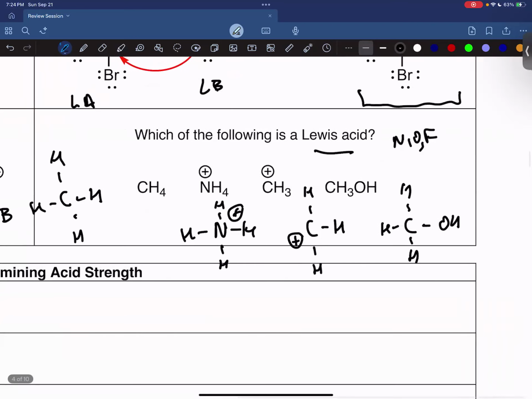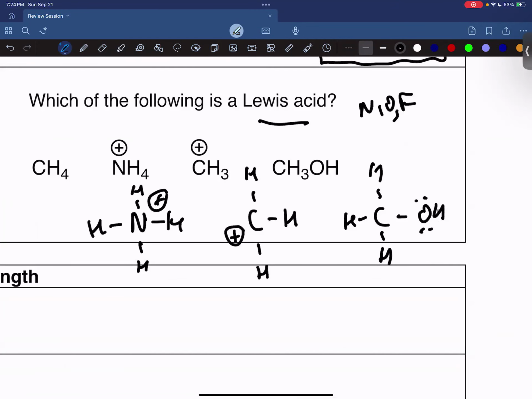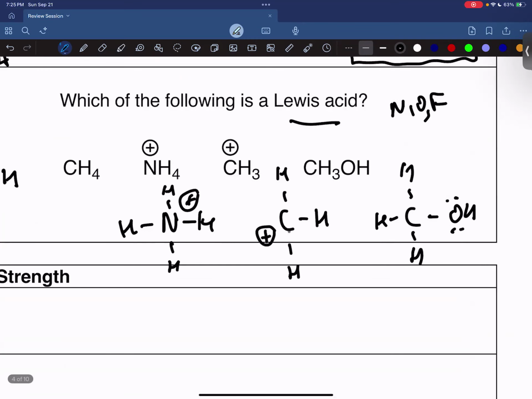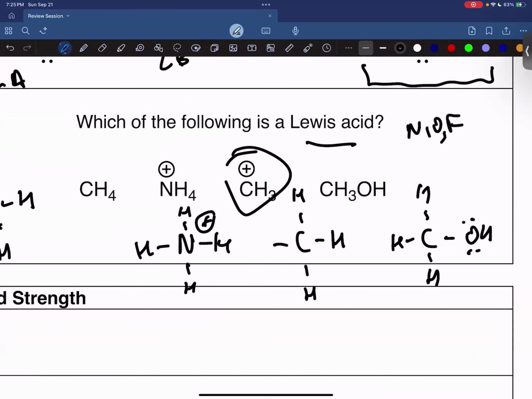And then we'll skip over to the next one. The carbon also looks pretty happy. This oxygen has its lone pairs, no formal charge. So what we're left with is this carbon. This is the third option, where it doesn't have its full octet. It only has 6 valence electrons. So it will be very happy to accept that lone pair to fill up its octet. Any questions on that?